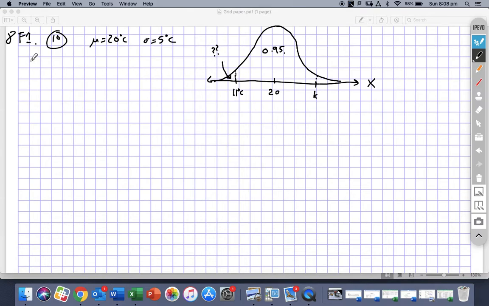Some notation, we could say let variable x be temperatures. We could say that this x is distributed as normal with mean 20. I don't need the degrees really. The variance is 5 squared, right?